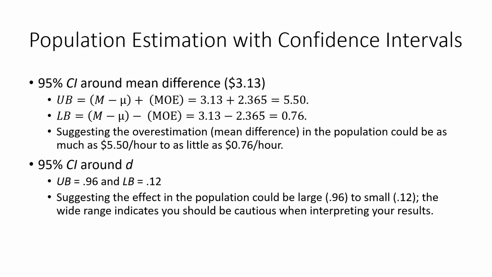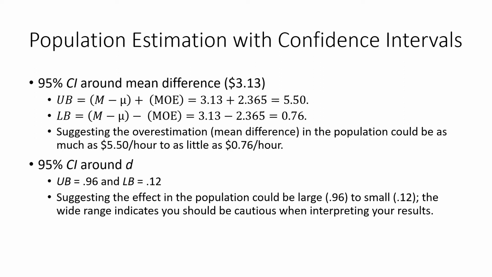Now we're ready to move to the next pillar, and that is population estimation with confidence intervals. It's also useful to try to estimate what the population parameter might be, because as we know, the sample overestimated by $3.13.